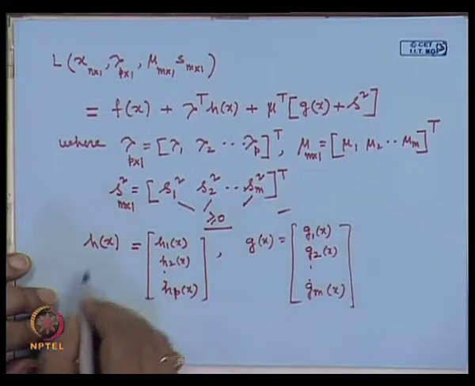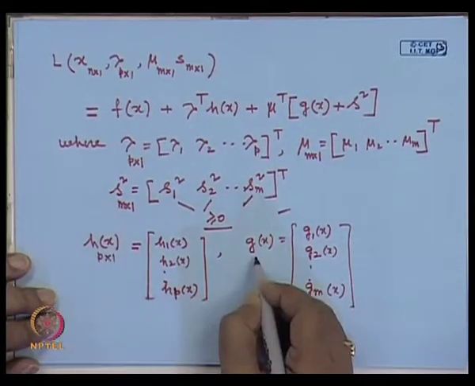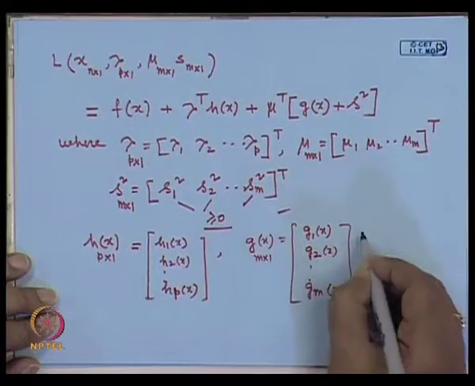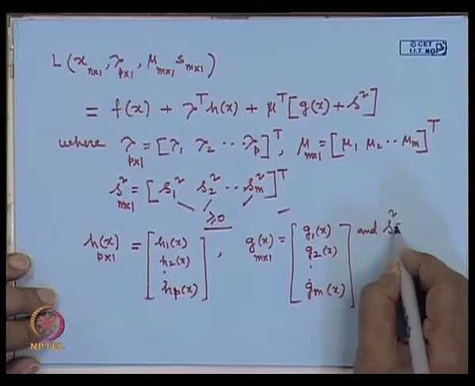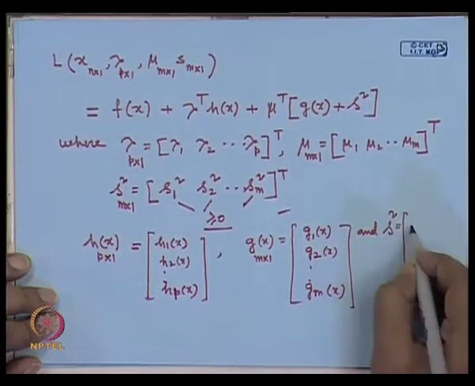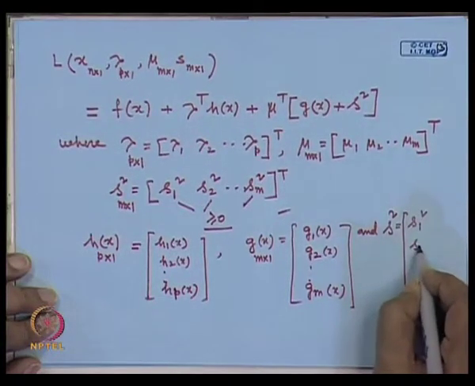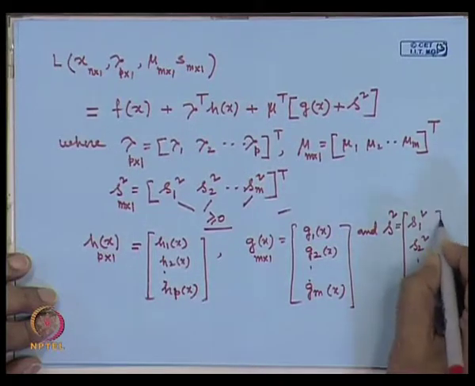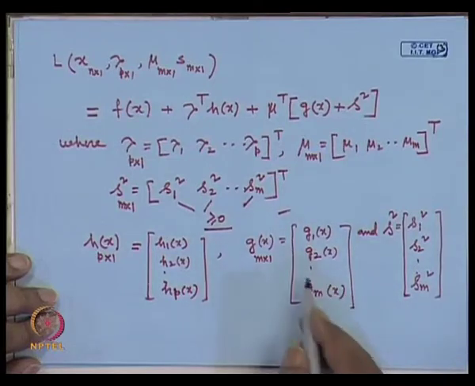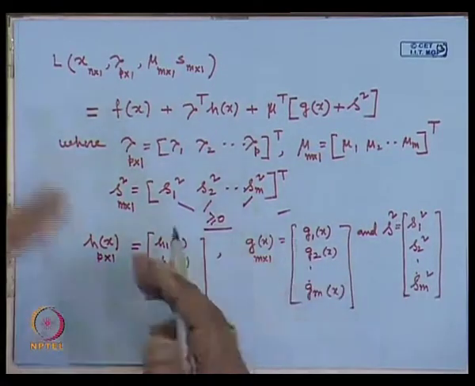Naturally this dimension is p cross 1, this dimension is m cross 1, and your s square dimension is s 1 square, s 2 square, up to s m square. This dimension is the same as the g dimension, because we are adding s square with g.